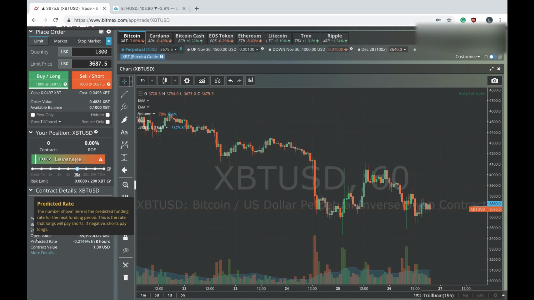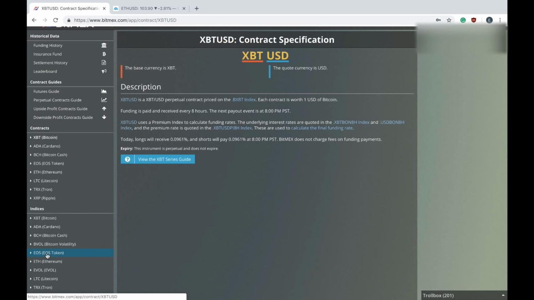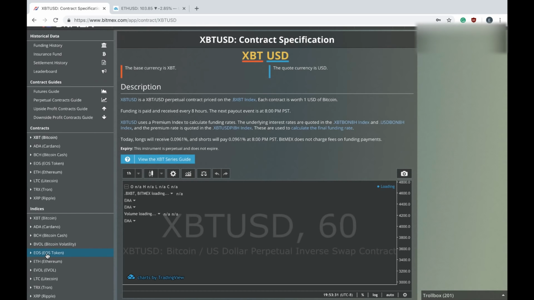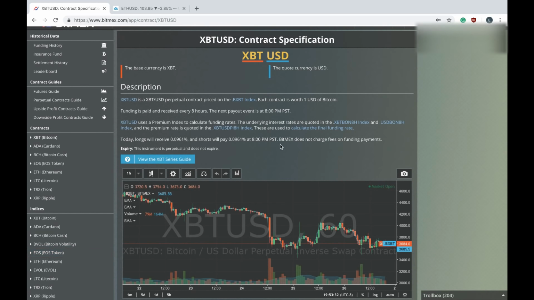And then another important thing, down here you can see this funding rate, or well, predicted rate. It says the number shown here is the predicted funding rate for the next funding period. And this is also a little unique because most crypto exchanges don't have this. Basically, Bitmex will pay you to be in a position, depending on what kind of position you're in. So these funding rates are actually really important.